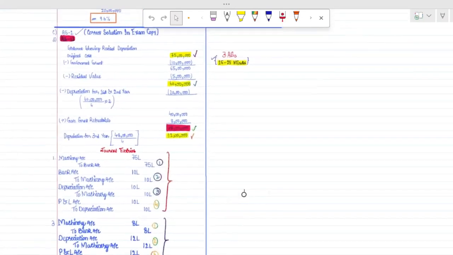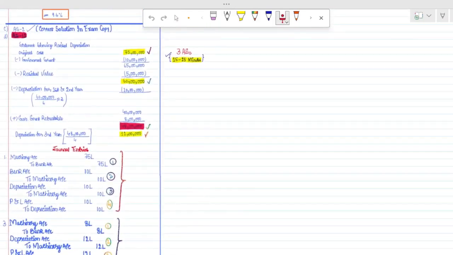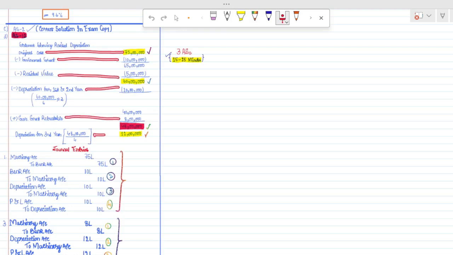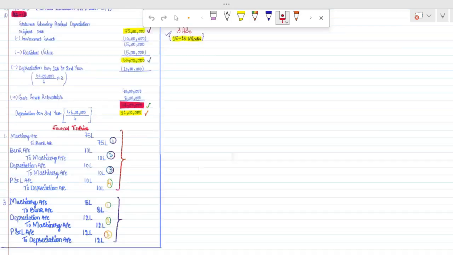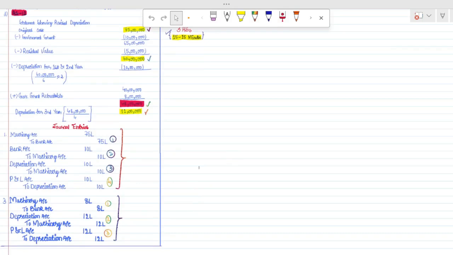And by the net method, the amount is this one, this method, and these are the journal entries.